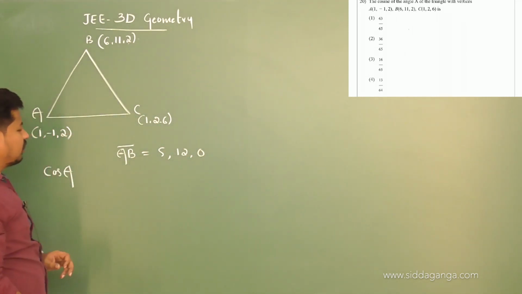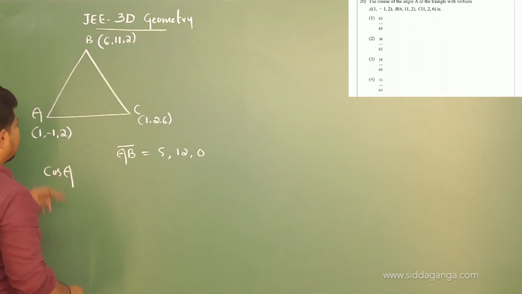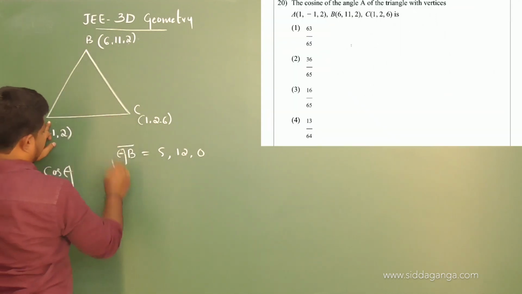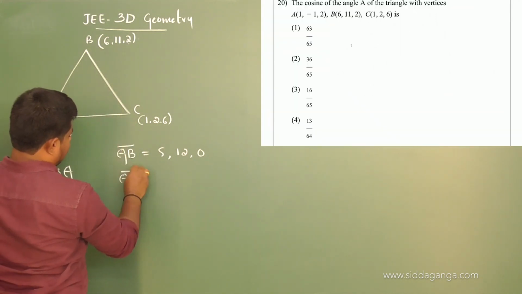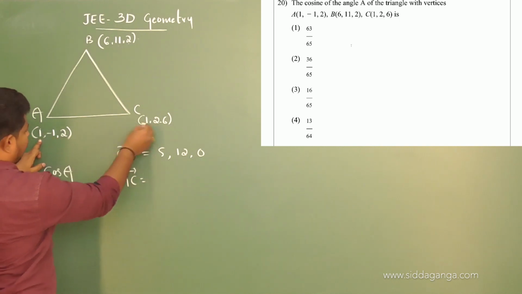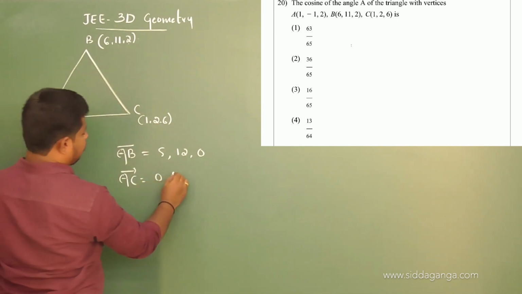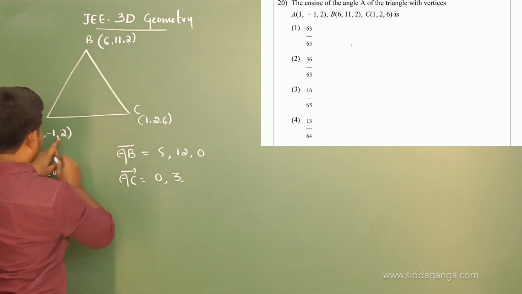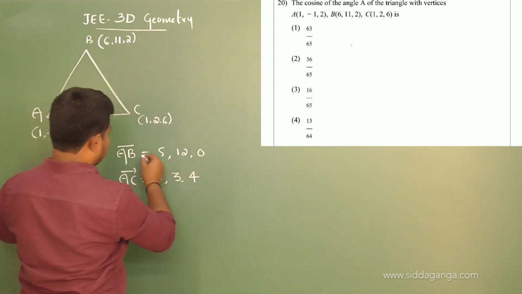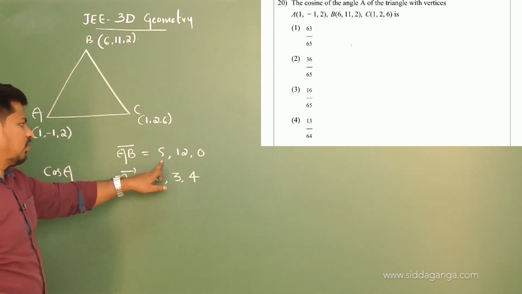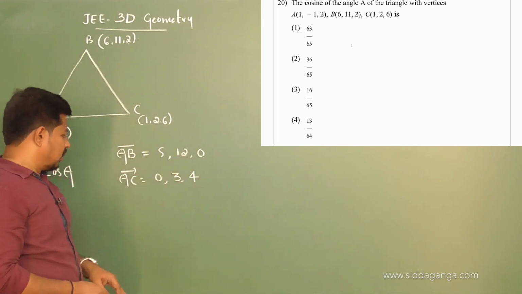So these are the direction ratios of AB. And the direction ratios of AC, same as before: 1 minus 1, 0, 2 minus of minus 1, that is 3, and 6 minus 2, 4. Or you can write this in vector form, 5i cap plus 12j cap plus 0k cap.